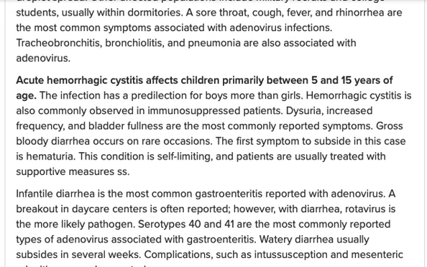Acute hemorrhagic cystitis affects children primarily between 5 and 15 years of age. The infection has a predilection for boys more than girls. Hemorrhagic cystitis is also commonly observed in immunosuppressed patients.